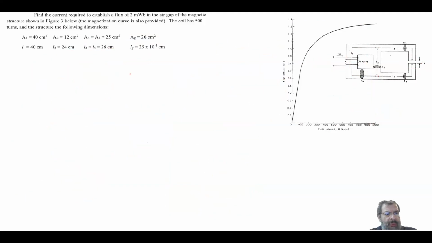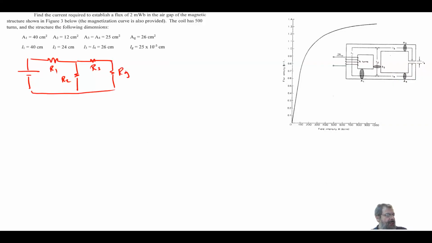So let me come back here. Let me redraw the circuit again so that we can follow what is going on. So this is reluctance 1, reluctance 2, reluctance 3, reluctance gap, here RG. Now we know that the flux here, flux 3, is equal to 2 milliweber.